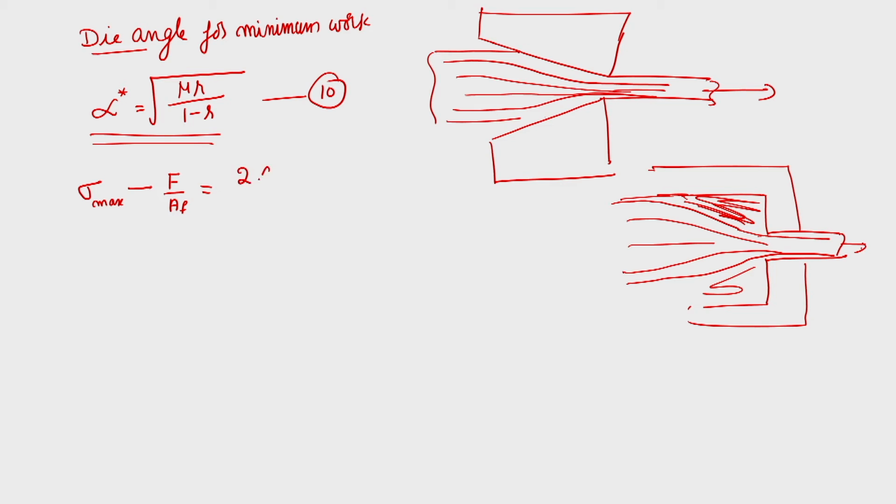Researchers have arrived at this value as 3 into (1 plus mu by alpha) into 1 by log A naught by AF.